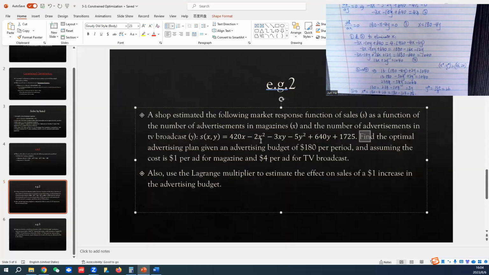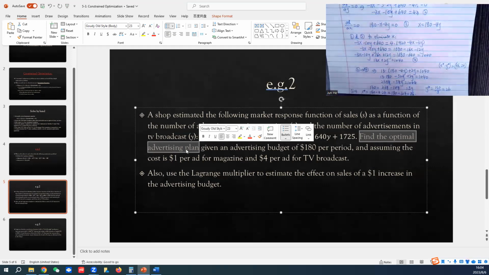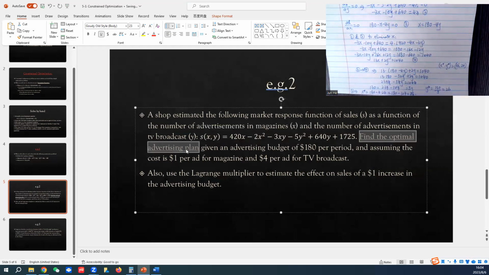Now you were asked to find the optimal advertising plan. And the advertising plan that we are suggesting the firm is to buy 76 magazine advertisements and 26 TV broadcasts. And then use the Lagrange multiplier to estimate the effect on sales of a $1 increase in the budget.